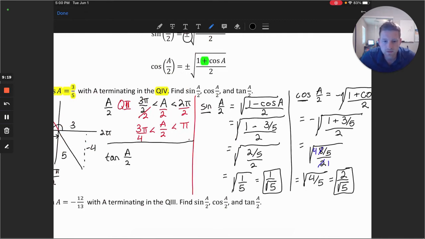So in this case, the sine is 1 over the root 5, divided by 2 over the root 5. And when you go to simplify this, you'll find that this is going to just be 1/2.